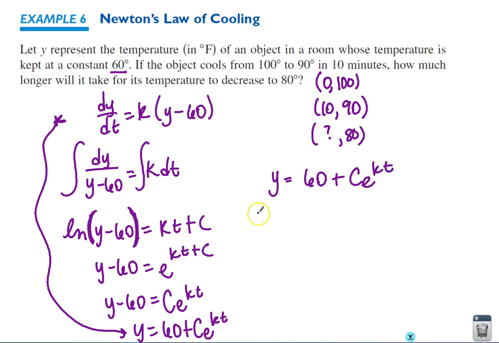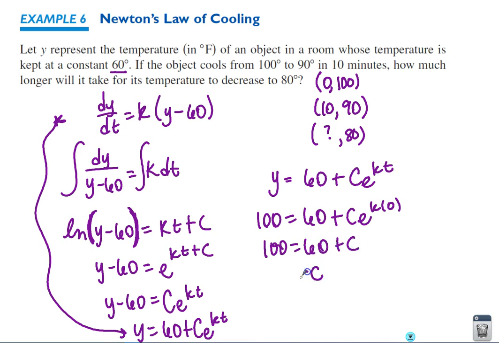So I know that the temperature is 100 degrees when I start this whole scenario, whatever this object is, if I pull it out of the oven. So luckily, e to the k times 0 becomes e to the 0, which is 1. So 100 equals 60 plus c, so c equals 40.